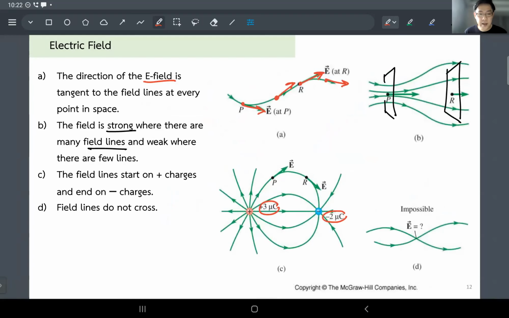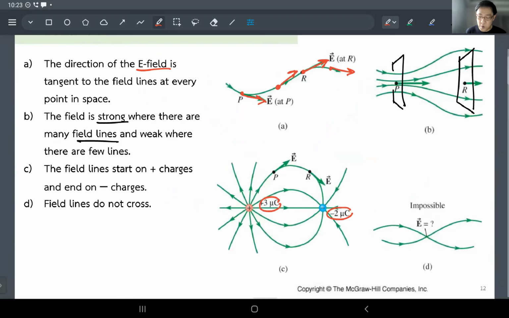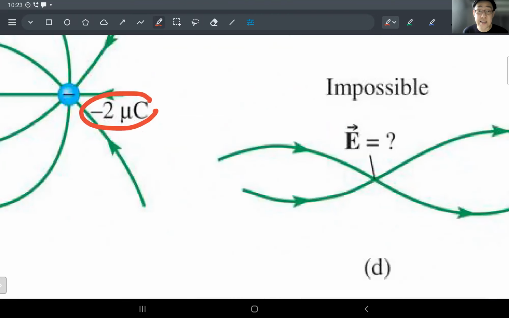All right, and part D, it's impossible for you to have 2 electric field lines intersecting each other. This is not possible, because it would be a problem if you're standing here and you have a crossing of the electric field lines. Then you're probably going to be confused about which electric field you want to go with.